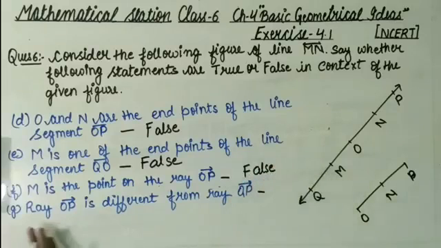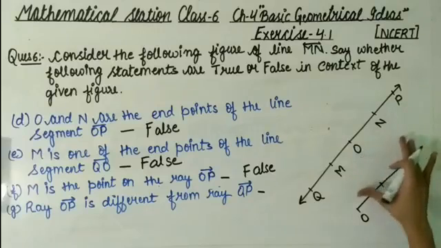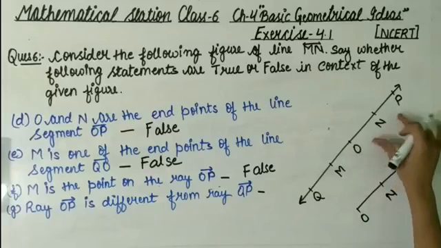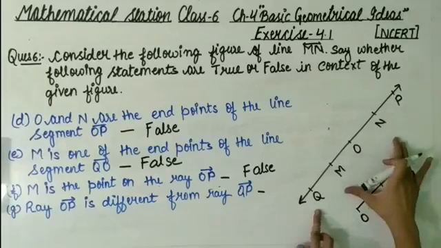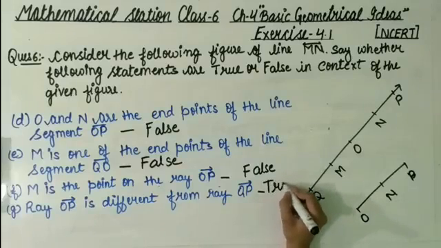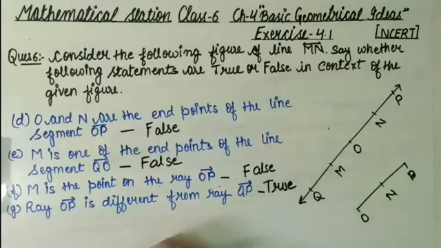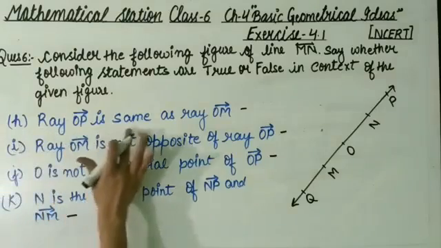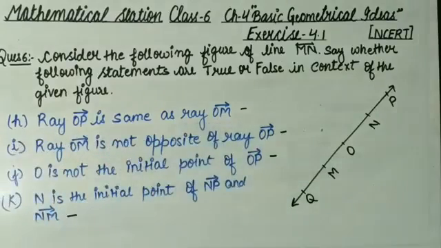Now next: ray OP is different from ray QP. Here in ray OP we have only the point N in the middle, whereas in QP we have 3 points in between. So they are different and the statement is true. Next is: ray OP is the same as OM.